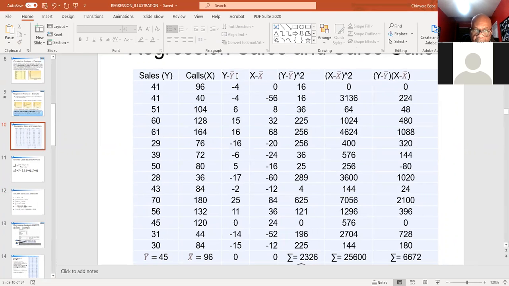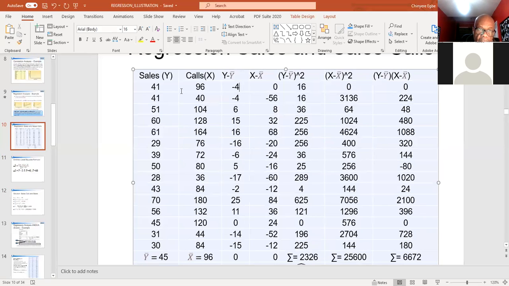Now you see Y minus Y bar here. You calculate Y bar, which is the average of Y. The bars are the averages. You calculate the average value of Y, and then you subtract this average from each Y. So this is what you see here. 41 minus 45 is minus 4. 51 minus 45 is 6. 29 minus 45 is minus 16.